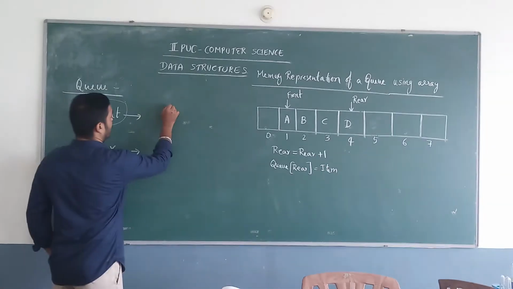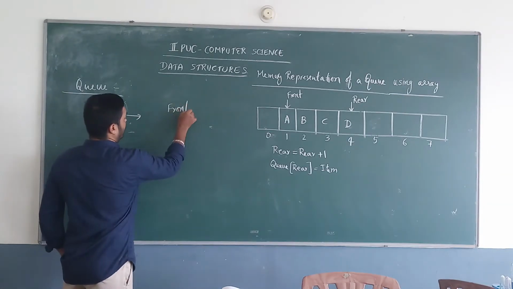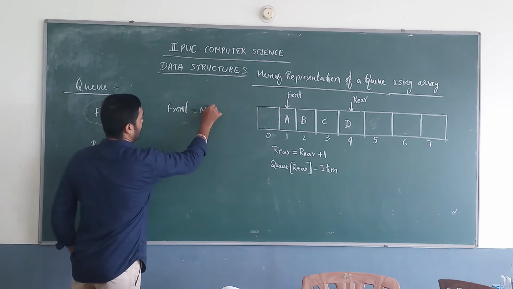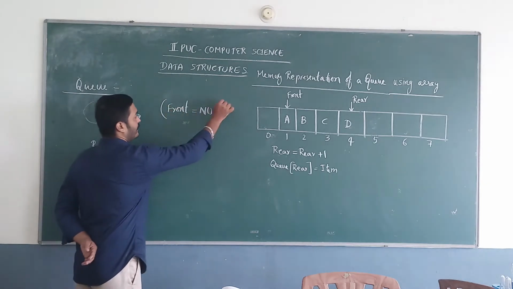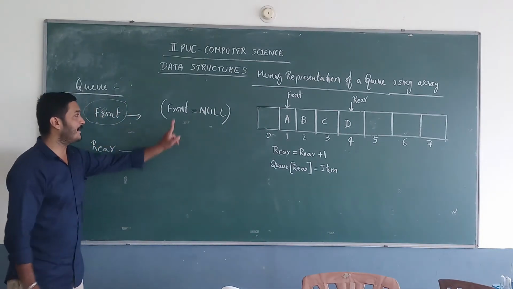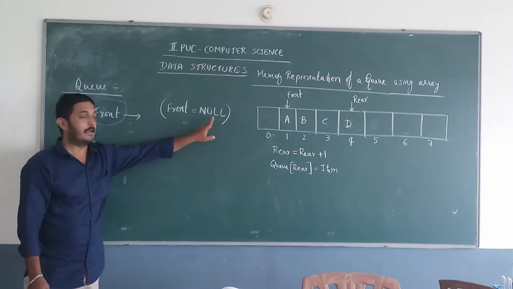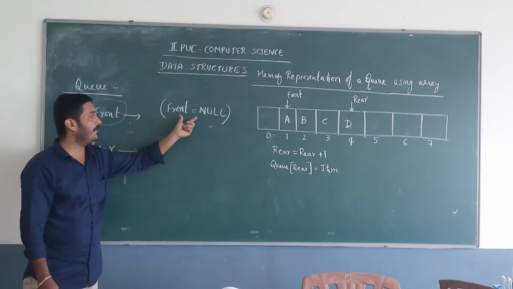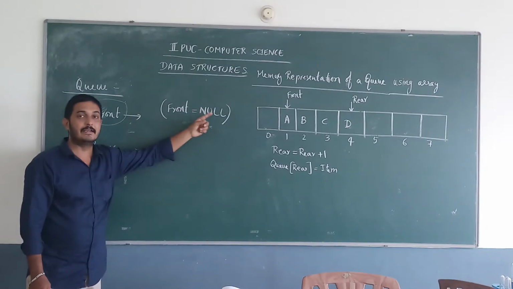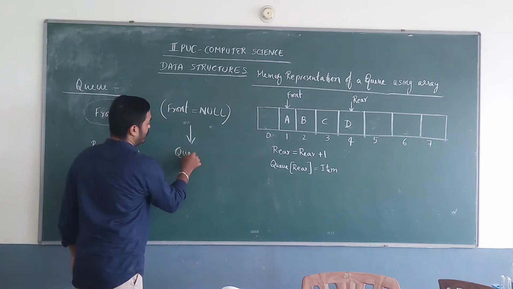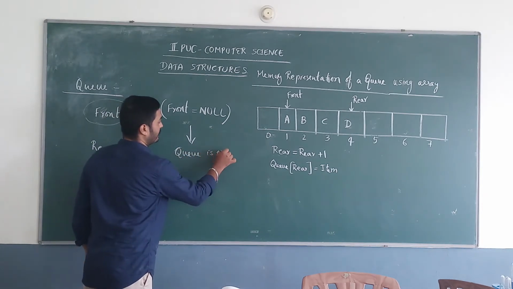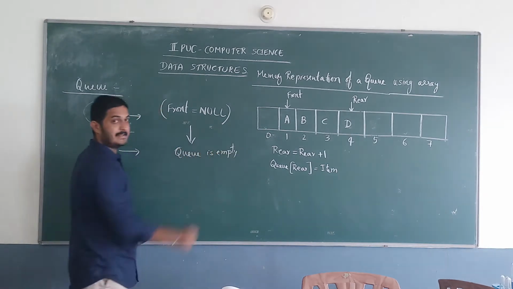Here, if front equal to null, it's a condition we have to check. If front is a pointer variable and it is pointing to the null pointer, that means the given Queue is empty.